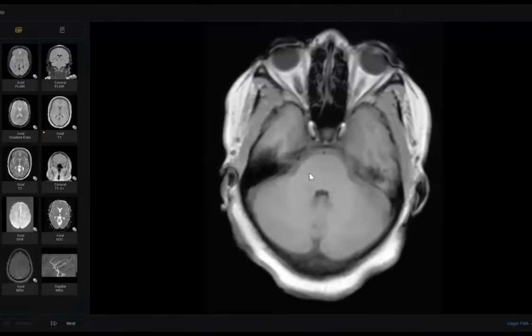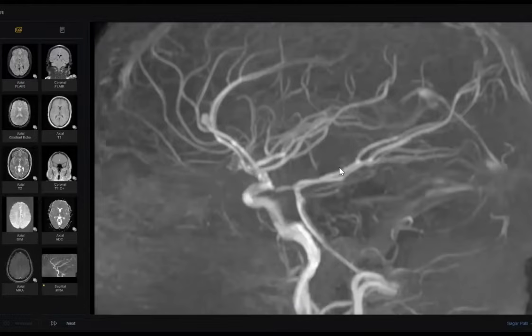Look here. What is this? This is MR angio, MR arteriogram. I can see that there is a connection between the ICA and the basilar. I think this is just the persistent fetal circulation.